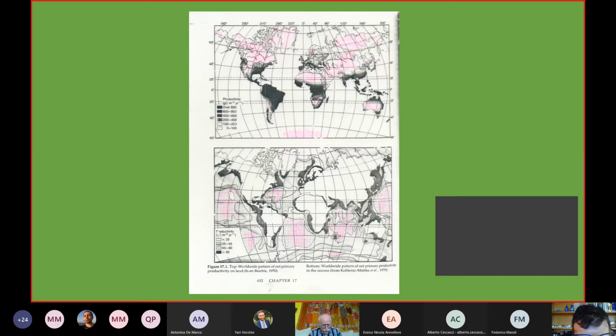oligotrophic, I mentioned it, areas with very low nutrient contents in the warm waters of the tropics, let's say latitude 30 up and 30 down from the equator, it's because you have thermal stratification of the water column.